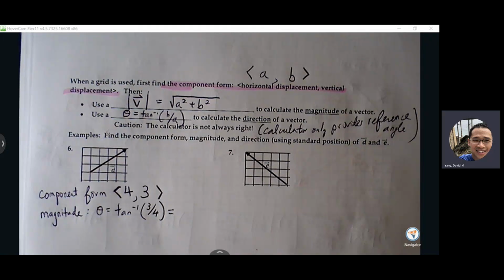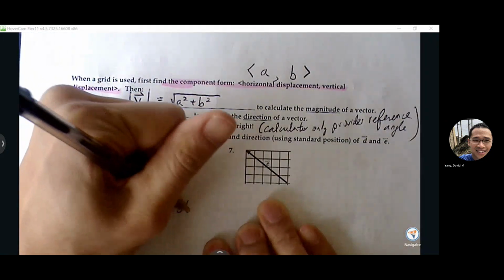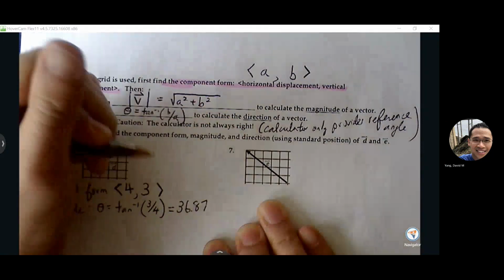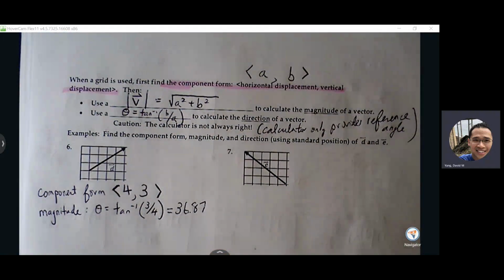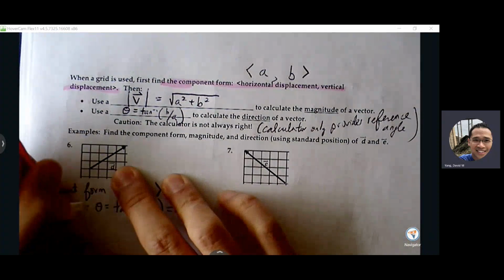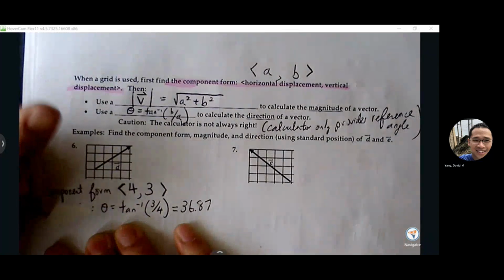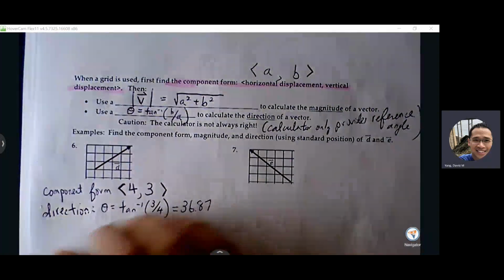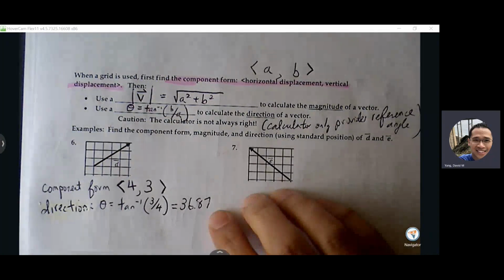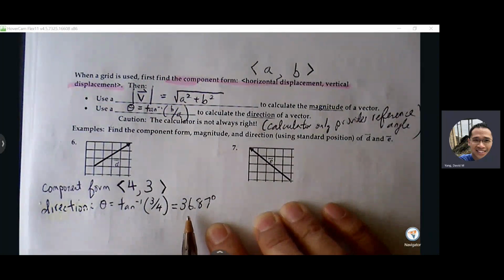What do you get? Oh, I'm sorry, I did the direction first, my bad. Magnitude is the Pythagorean theorem. Well, we'll just do direction first, and then we'll do magnitude. So direction is 36.87 degrees. Now, do we have to make any adjustment with this?